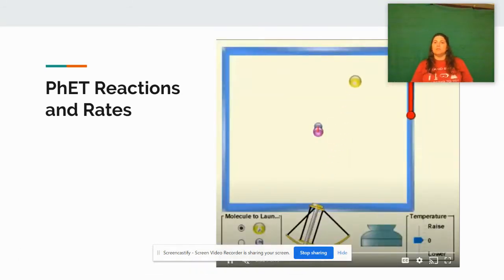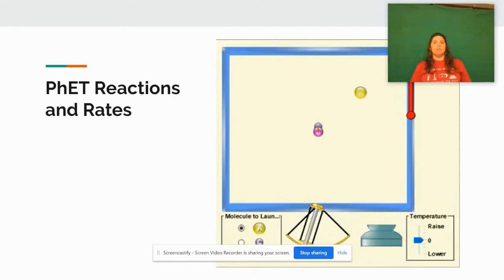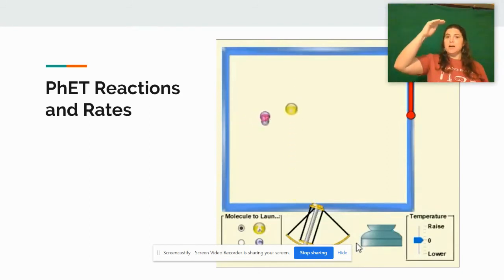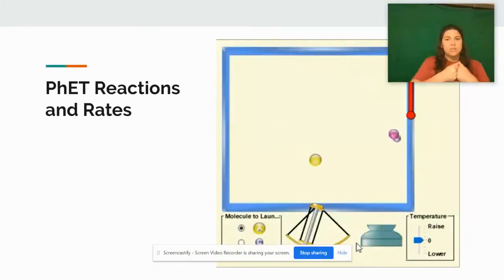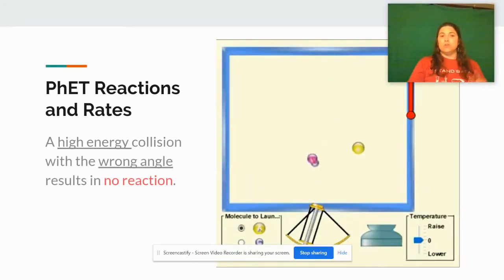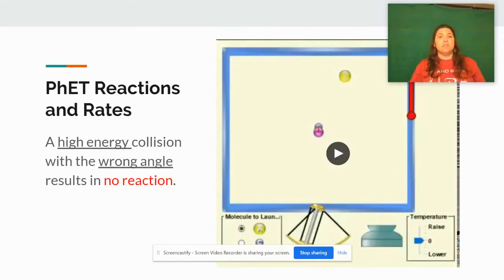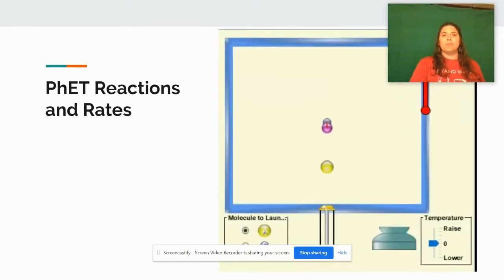This awesome PhET simulation, same thing. You have the correct components, and now we have plenty of energy because the temperature is way up high, but it's shot at an angle. And so when the two particles collided, they didn't collide in the right orientation. So even though it's high energy, if it has the wrong orientation or the wrong angle, it won't react.